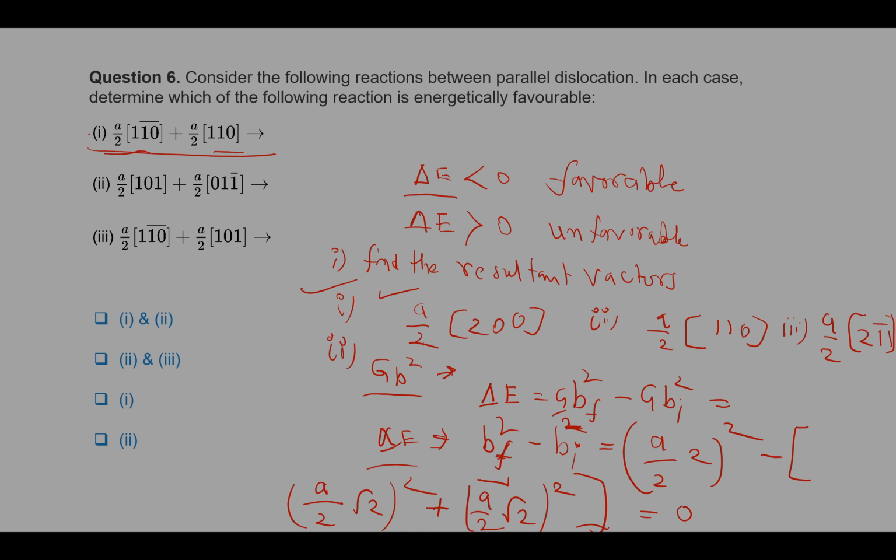So this option is neither favorable nor unfavorable, we can't consider it, so we'll neglect this one. The second one we'll calculate the same way. First we keep the values as they are. I'll just take an extra page here.